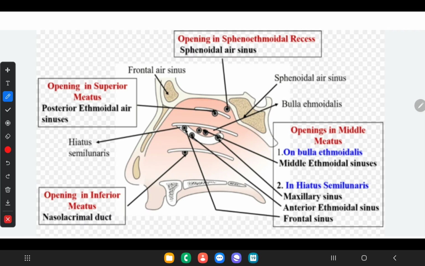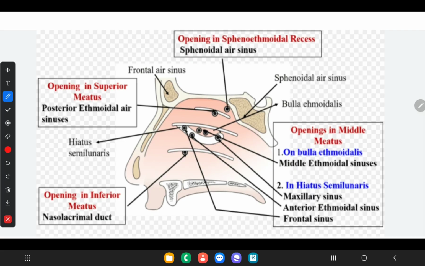In this picture, you can see this is the area of the bulla ethmoidalis. The bulla ethmoidalis is a bulging formed by the middle ethmoidal sinuses.